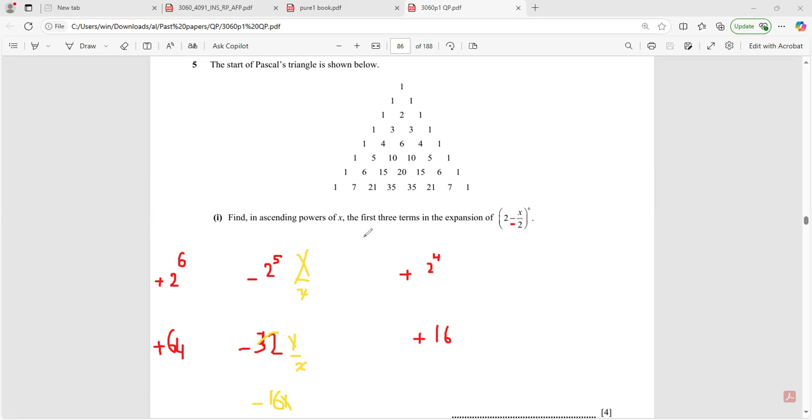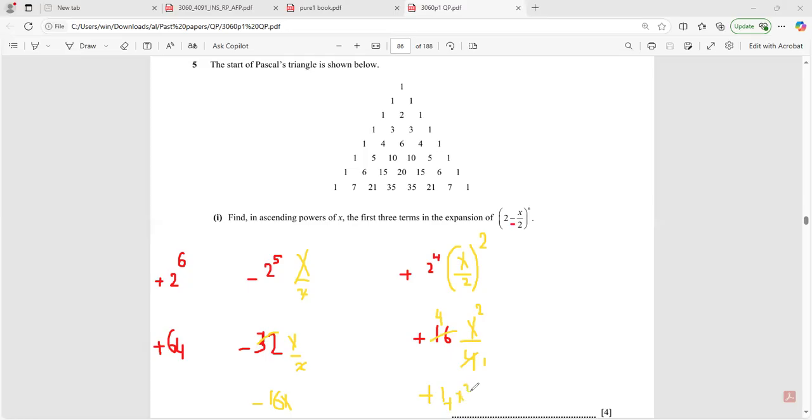And x over 2 to the power of 1, we don't write it. Don't forget the coefficient of x is powered by 2, so it will be 4 in the denominator, x squared. So 16 divided by 4 is 4, divided by 4 is 1. So the remainder here is positive 4x squared.